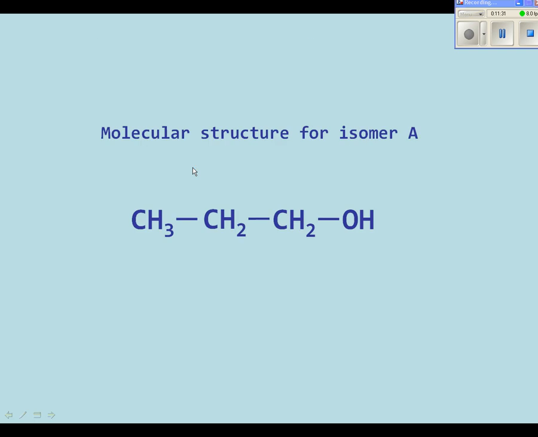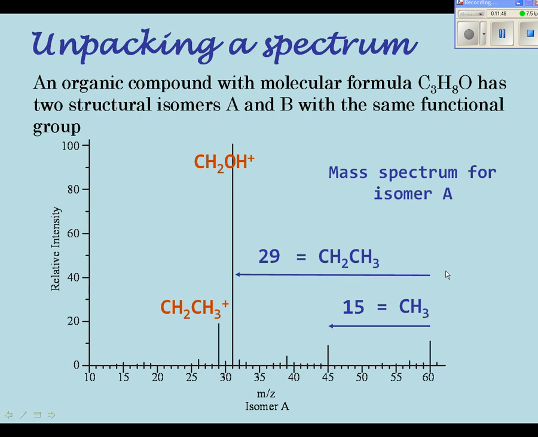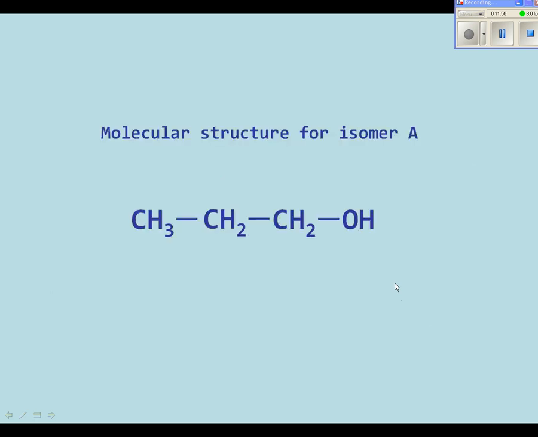Subsequently we arrive at this structural formula for isomer A, with the hydroxyl group attached to the CH2, so you get that CH2OH fragment. There would be the ethyl fragment. Here's the methyl fragment that we saw on the mass spectrum. So this mass spectrum could very well be formed from this molecule, 1-propanol.